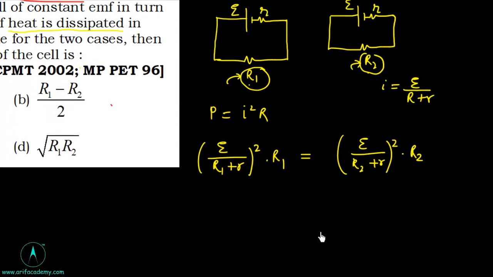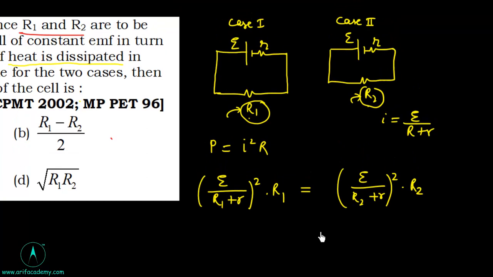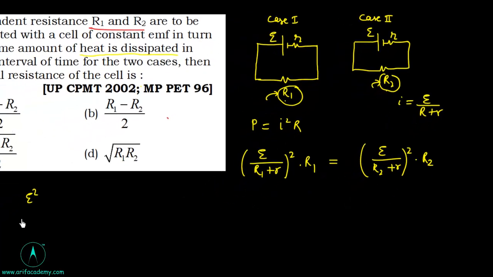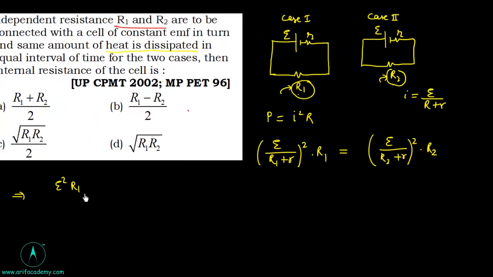Now we are going to find the small r. So this can be written as E square R1 upon R1 plus r whole square, and this is equal to E square R2 upon R2 plus r whole square.